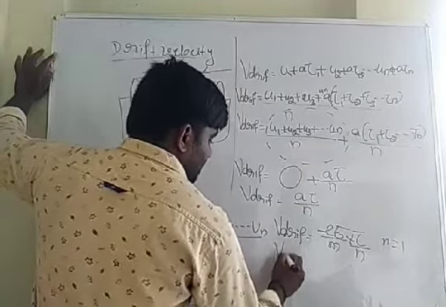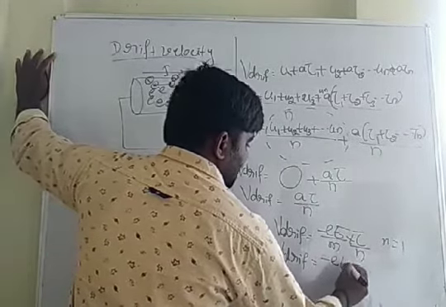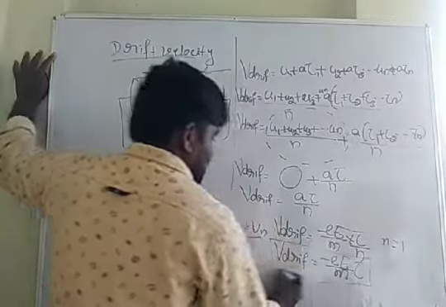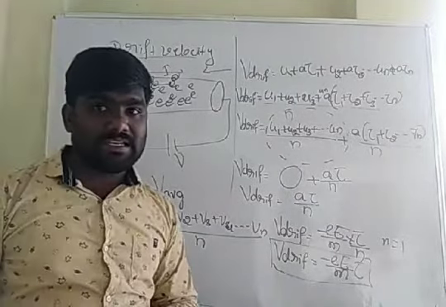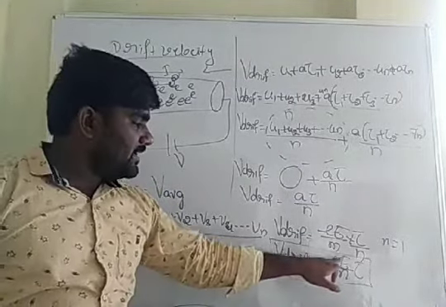Then V drift is equal to minus E divided by m times tau, which is the final expression for drift velocity.